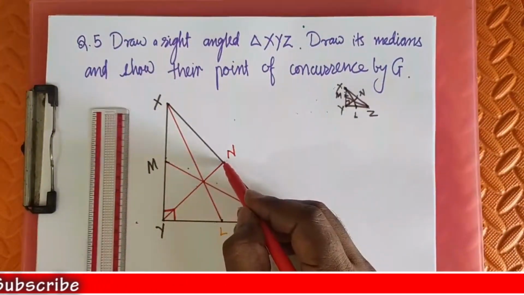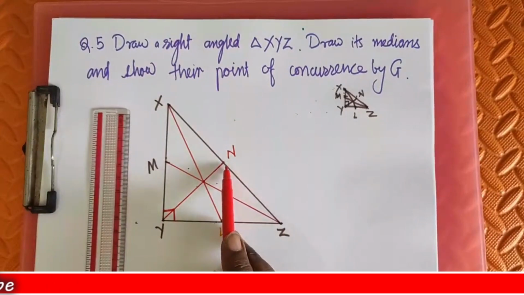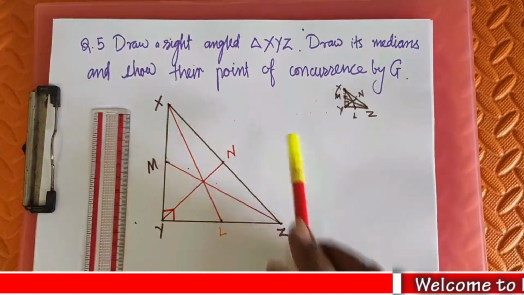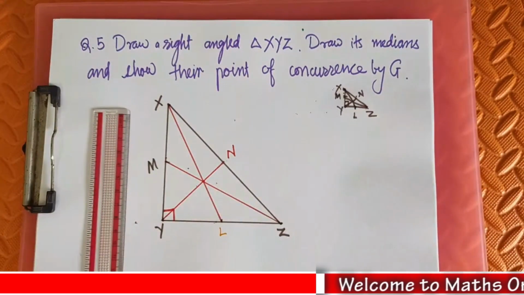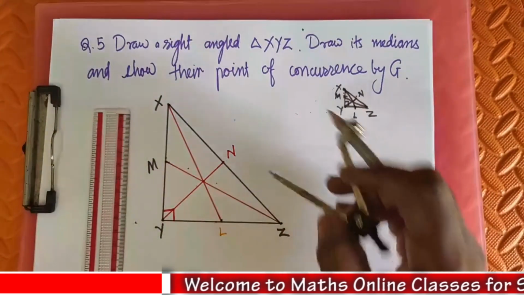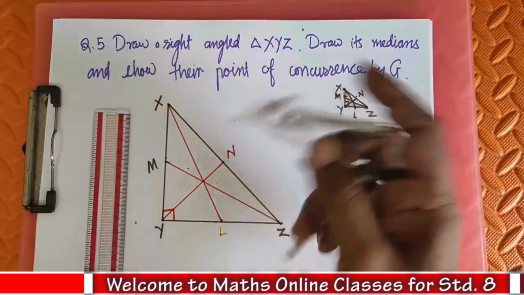If you are having any doubt about this midpoint N, you can use method of perpendicular bisector, which we have to draw with the help of this compass. On this side one arc, another side arc.